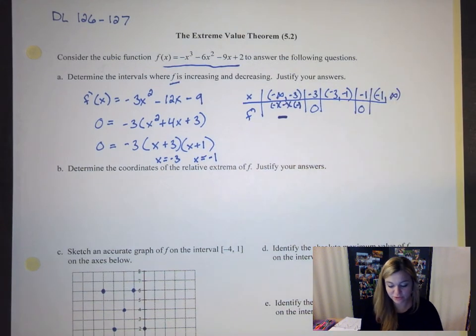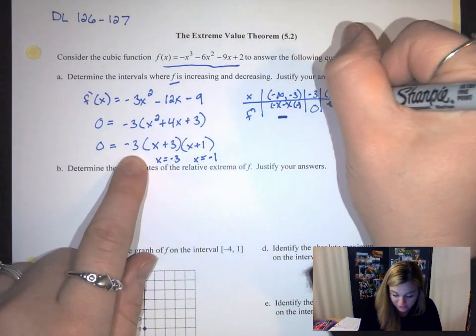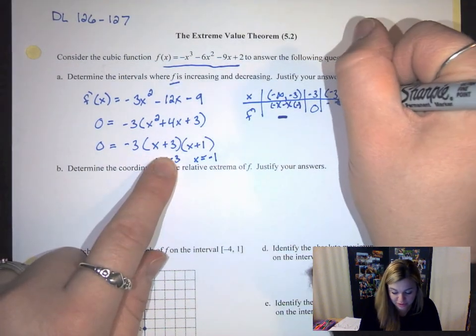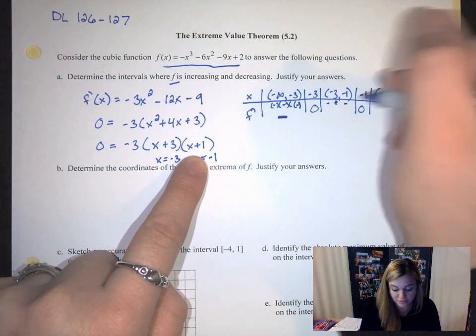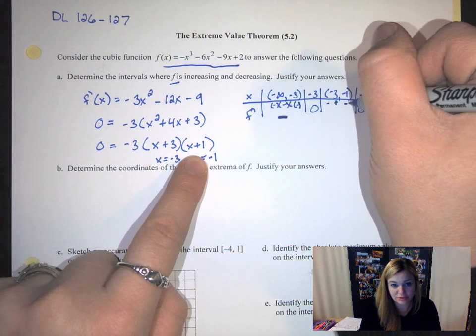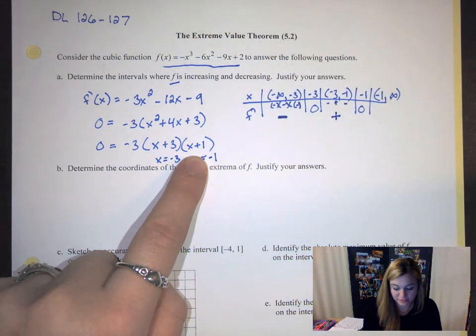Over here from negative 3 to negative 1, let's pick negative 2. This would be negative. Negative 2 plus 3 is positive. Negative 2 plus 1 is negative. Negative times positive is still negative, times negative is positive.